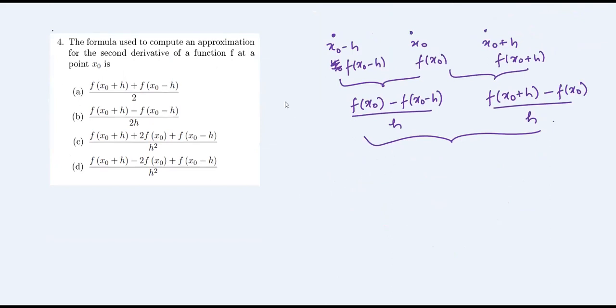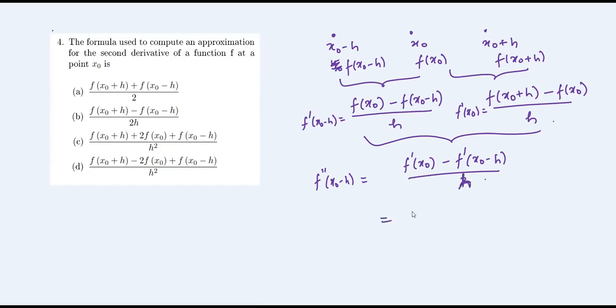Okay, say this is, if you do forward Newton codes, so I need the second derivative: f dash of x naught minus f dash of x naught minus h, by the difference h again.